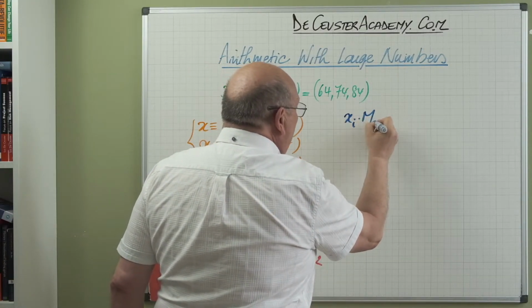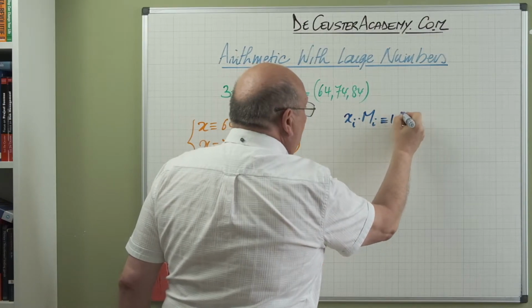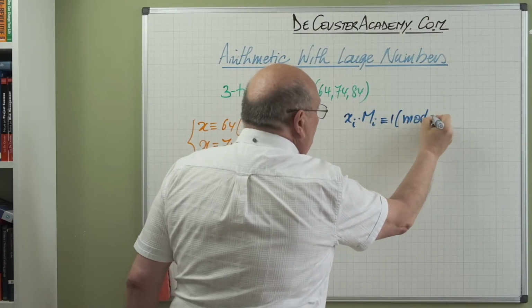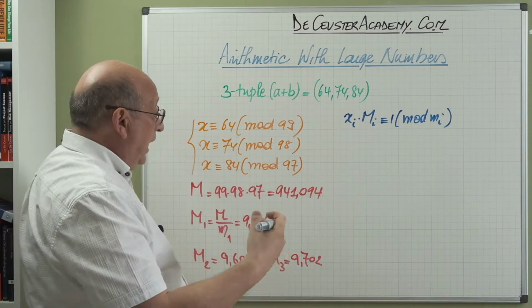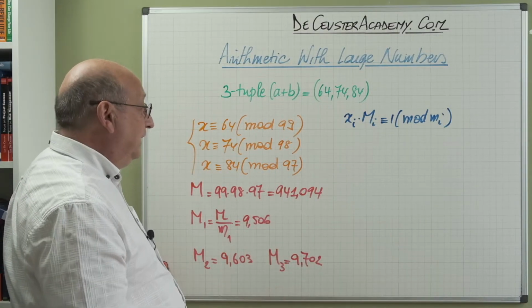Based on this and applying the Chinese Remainder Theorem, we have to find the xi's with the following equation: Xi times Mi is congruent with 1 modulus mi. So we're going to do this for x1, x2 and x3.